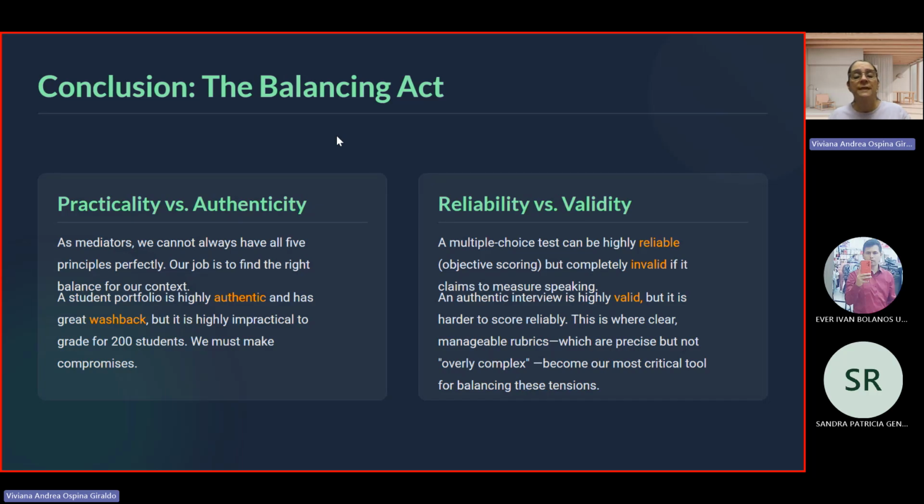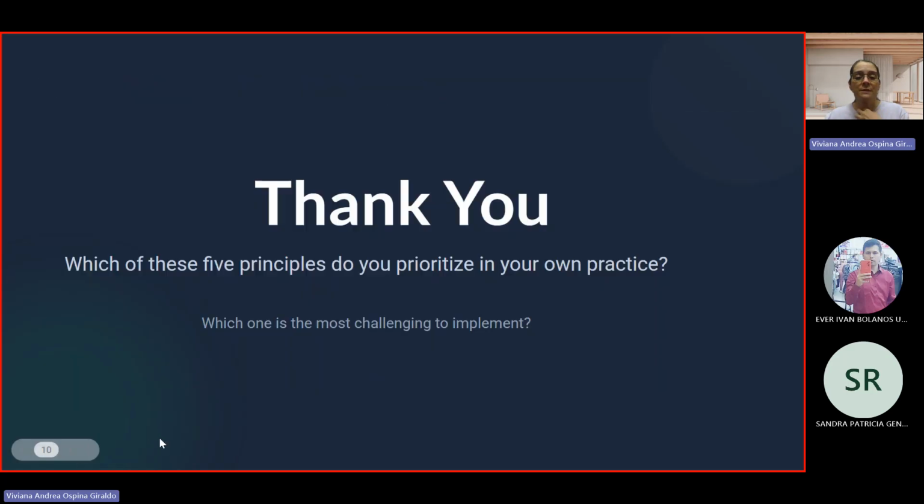So they need to be precise and manageable to maintain this balancing effect on the assessment processes. So with that, I would like to ask you, which of these 5 principles do you prioritize in your own practices? Give me just 1 second, think about these 2 questions.